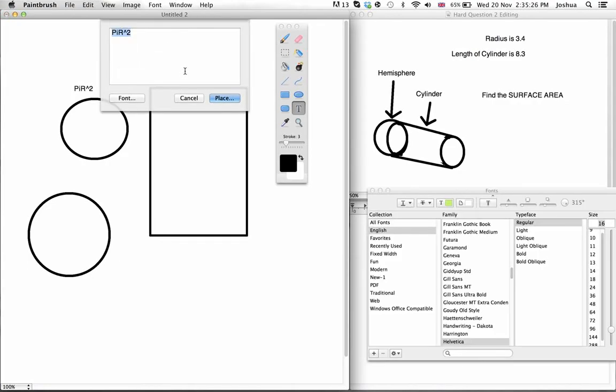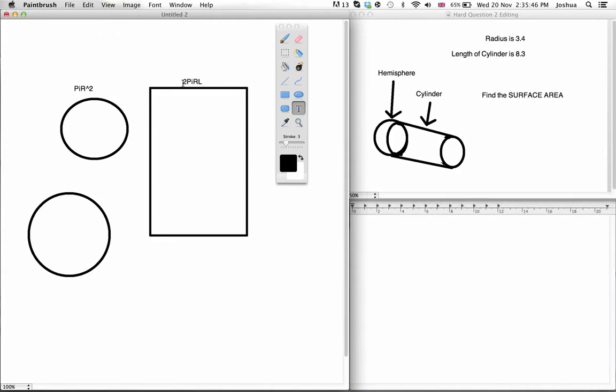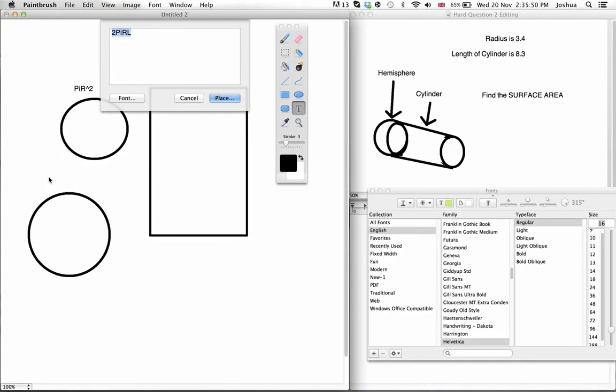This face must be 2 pi r, because that is the circumference of the circle, times the length of the cylinder. So that's going to be 2 pi r L. And this one, it's not a circle, guys.